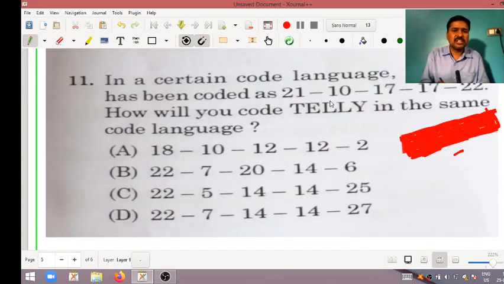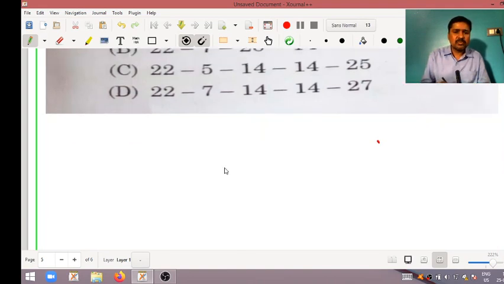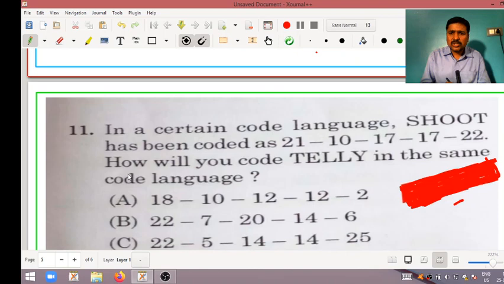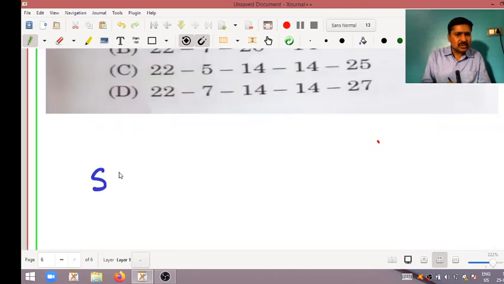This is a very easy and tricky question. In a certain code language, SHOOT has been coded as 21, 10, 17, 17, 22. How will you code TALLY in the same code language? See here, my dear students.